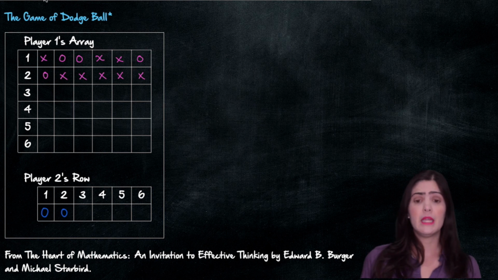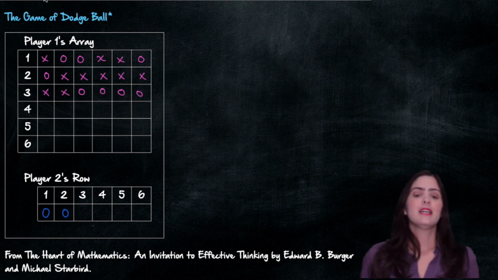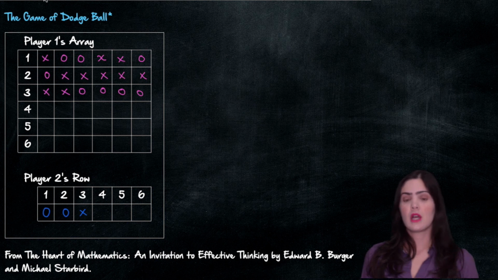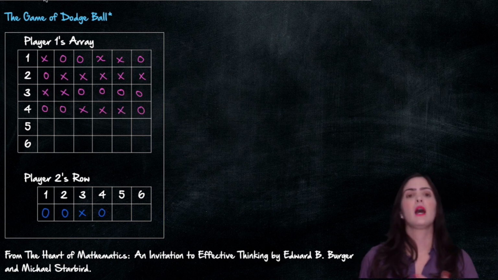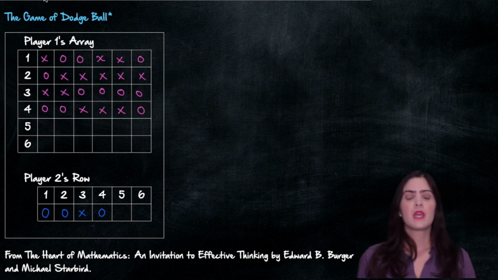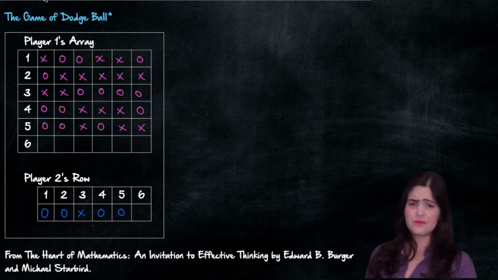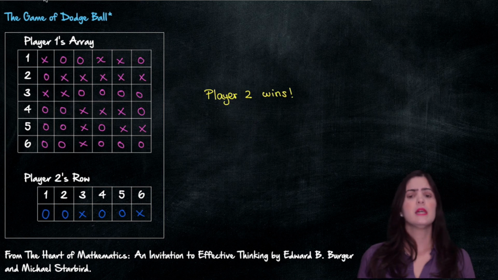And then player 1, round 3, does cross, cross, and then followed by 4 knots, and then player 2 chooses a cross. Player 1 in the 4th round says, okay, I have 2 knots followed by 3 crosses and then a knot. And then player 2 decided to choose a knot. And then we continue this.